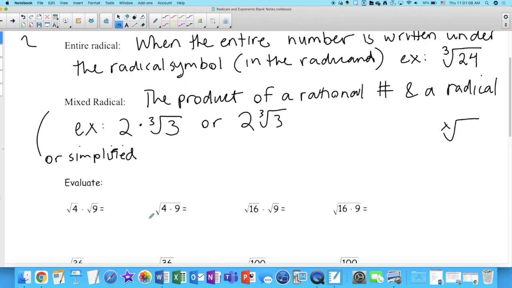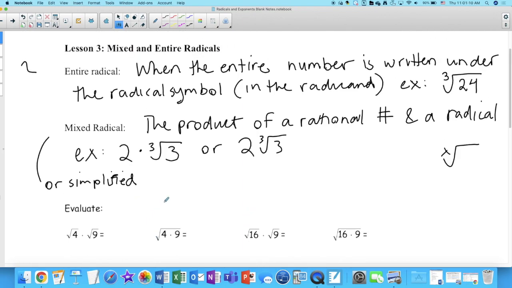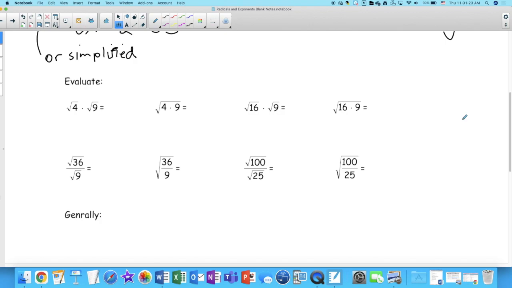So the 24 would be, this is entire. This is a mixed radical or the simplified version of this one. Okay, we're going to do more on that later. Don't worry. Today our goal is to learn how to convert between the two. So go either way, entire to mixed or mixed to entire.